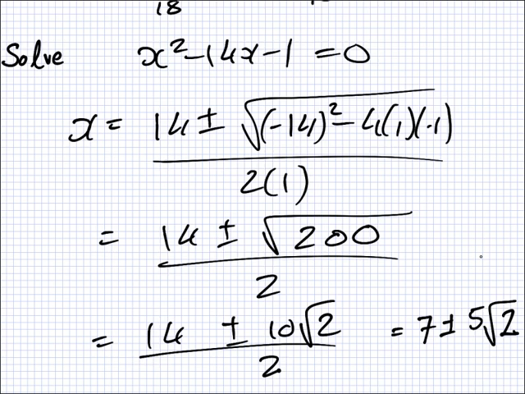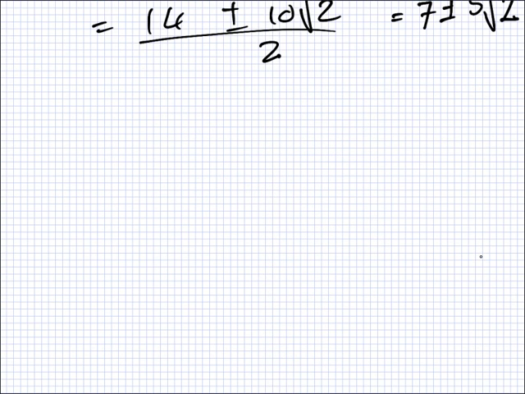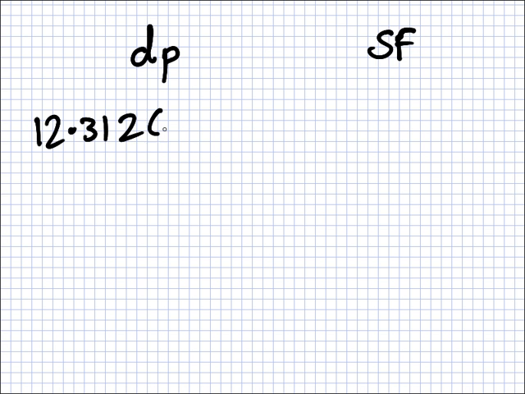So, just a little bit of terminology. DP stands for decimal places, and SF, significant figure. So just a refresher on this, okay? So let's say I have something like 12.3126 and I want that to, let's say, 3 decimal places.